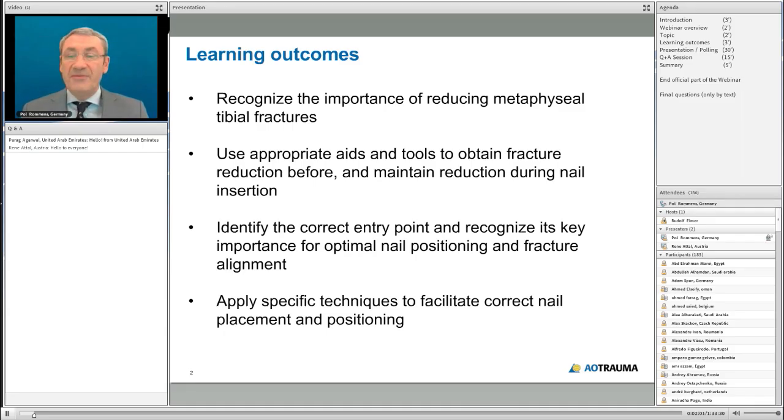We should identify the correct entry portal and recognize its key importance for optimal nail positioning and fracture alignment. And we should apply specific techniques to facilitate the correct nail placement and final positioning.